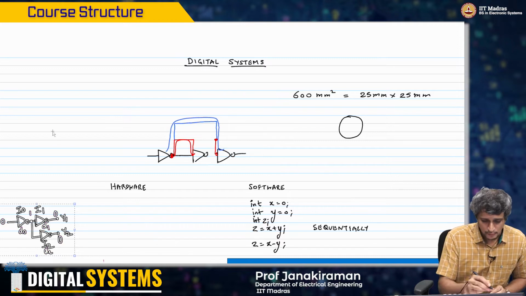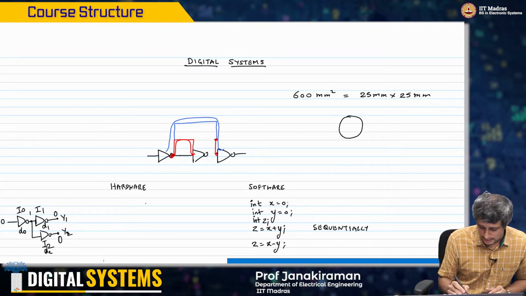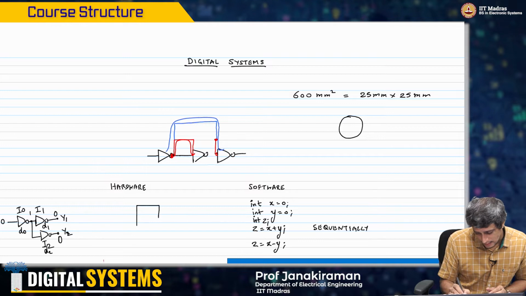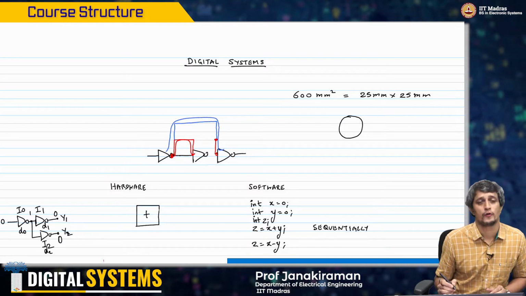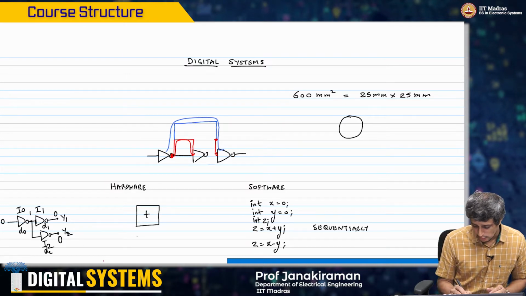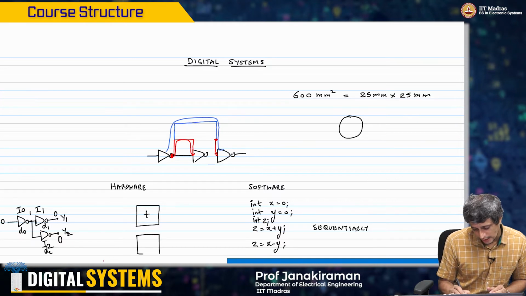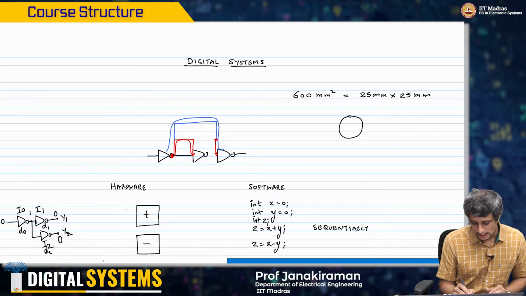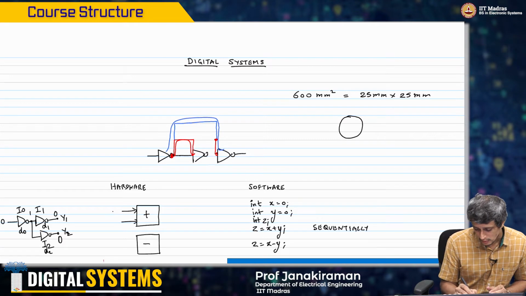So let's say that you have a block that does addition for you, and you have a block that does subtraction for you. I give X, Y to these two.